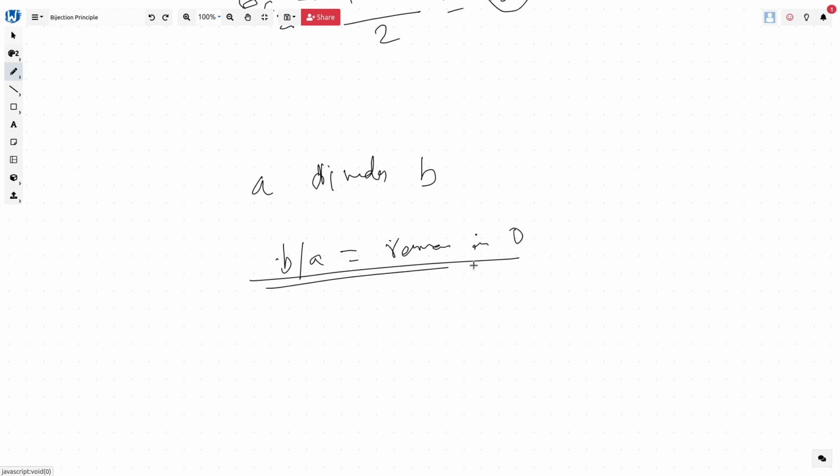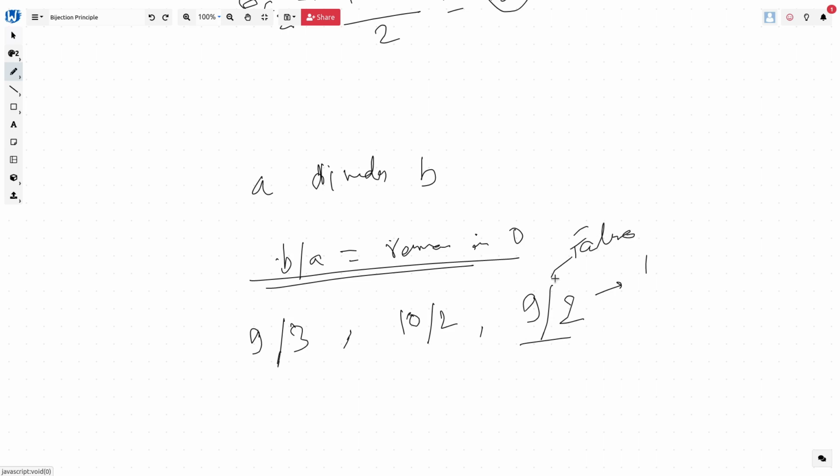When we say A divides B, the remainder should be 0. So for example, 9 divided by 3 is true. Similarly, 10 divided by 2 is also true, but 9 cannot be divided by 2 because the remainder here is 1. So this is false, right?